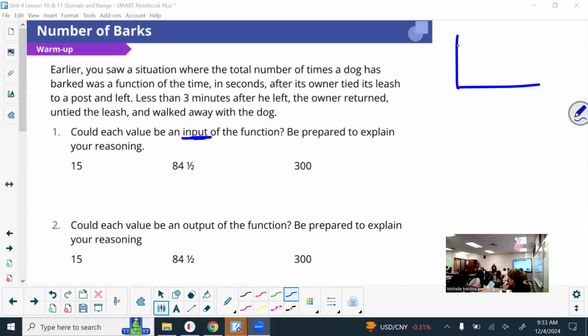What axis do we put them on? Okay, good. So the x-axis is where we put whatever our input is. So then is our input the number of times a dog has barked, or is it the time in seconds? Time in seconds.